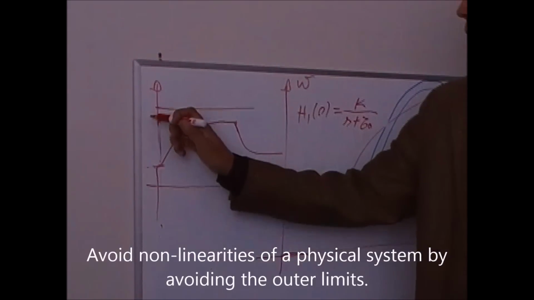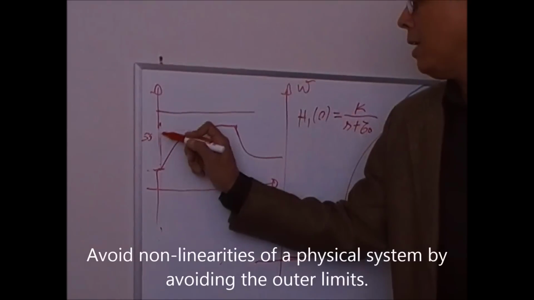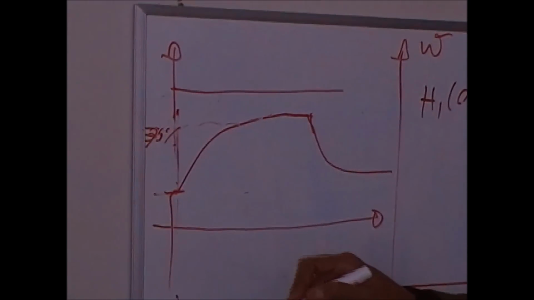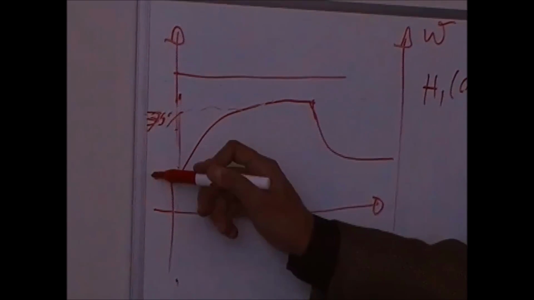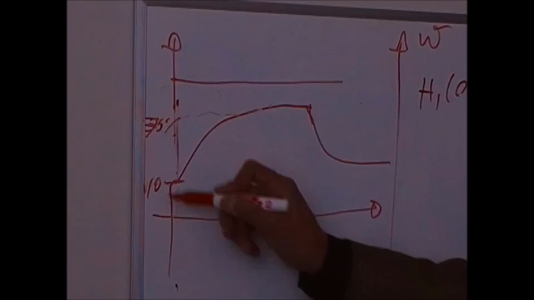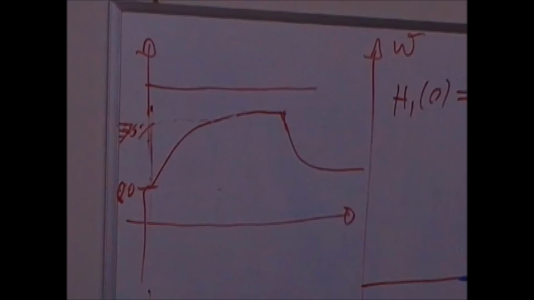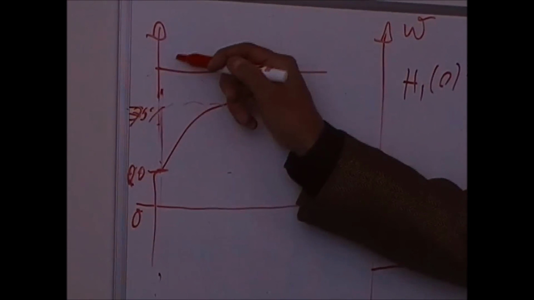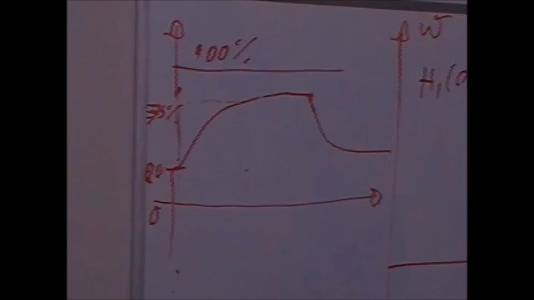If the maximum speed is going to be 80% or 70% of the maximum speed, it doesn't change the experiment. Same thing on the other side. If this is 10% or 20% of the maximum speed, it doesn't change the experiment. The message is stay away from 0 and stay away from 100% to avoid the non-linearities.